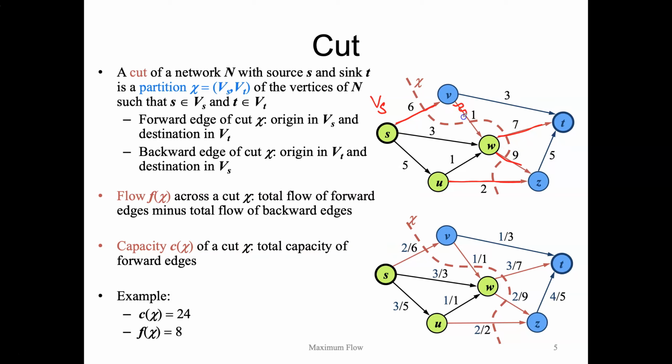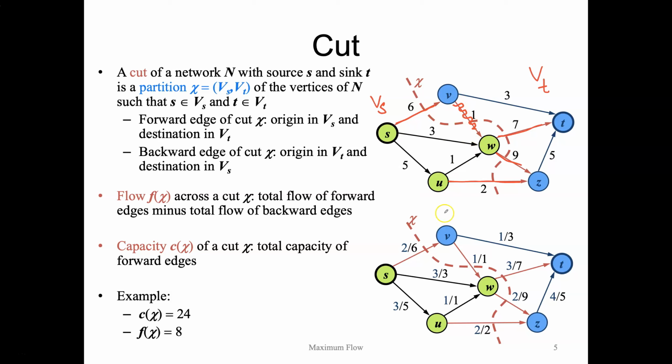Or back edges, which go back from this set VT, the set of vertices which includes the sink, back to a vertex of VS. Then we can define for this cut a flow as the total amount of flow sent across this from VS to VT, which is how much flow is being sent along a forward edge minus however much flow is being sent back through this back edge.